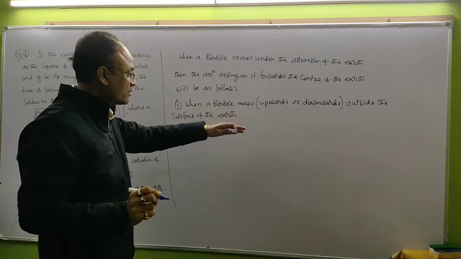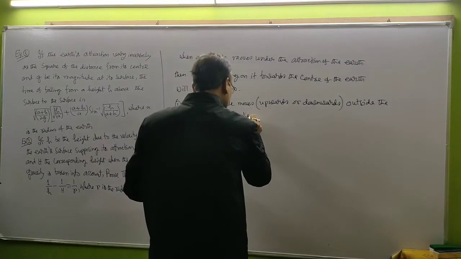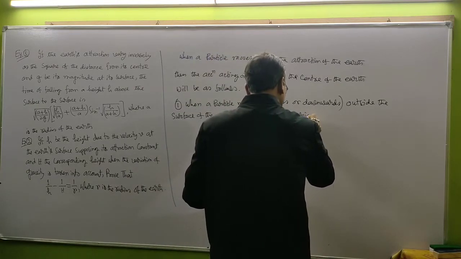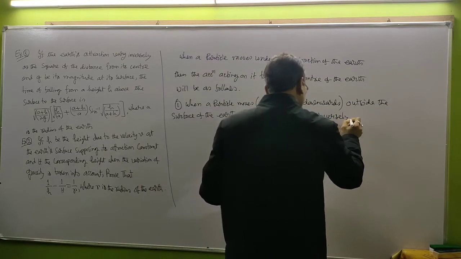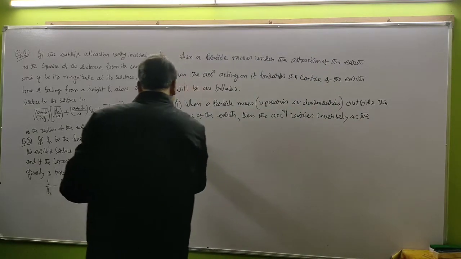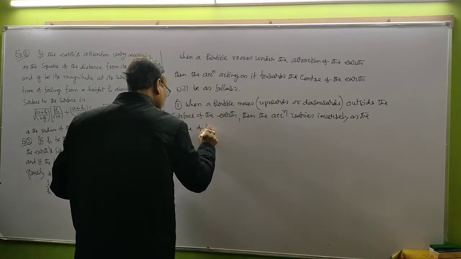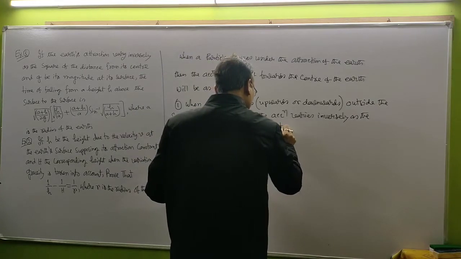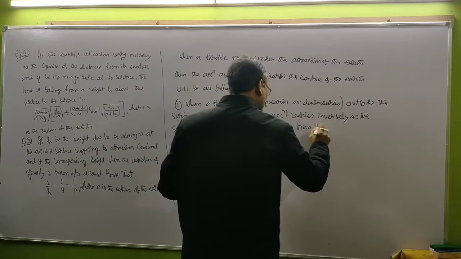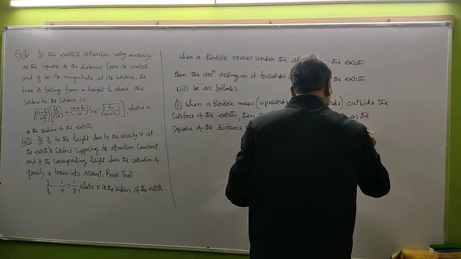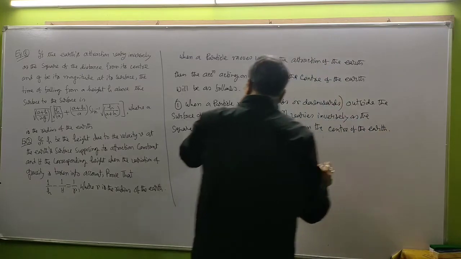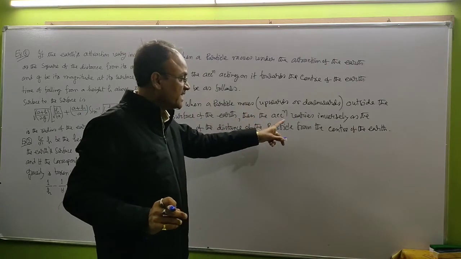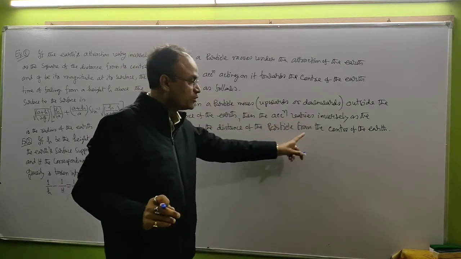When a particle moves upwards or downwards outside the surface of the earth, then the acceleration varies inversely as the square of the distance of the particle from the center of the earth.